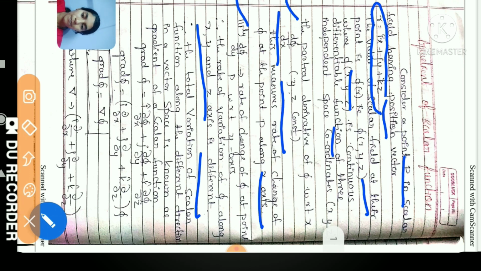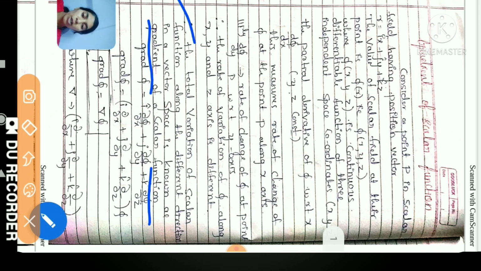So d phi by dz is also the rate of change of phi at a point with respect to the z-axis. Therefore, the total variation of a scalar function along the different directions in a vector space is known as the gradient of a scalar function. What is meant by gradient?